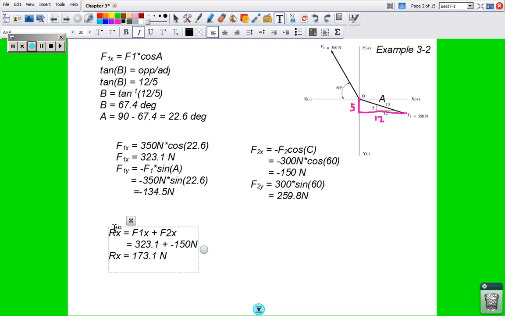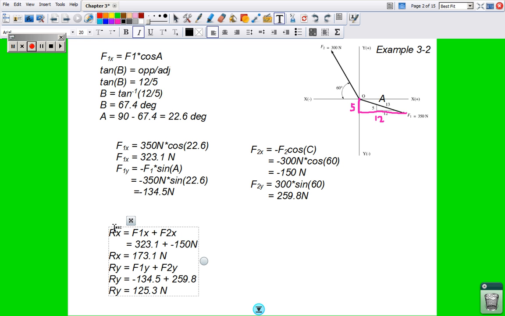Okay, then let's do Ry. It is F1y, negative 134.5 plus 259.8, and so Ry is equal to 125.3 newtons.